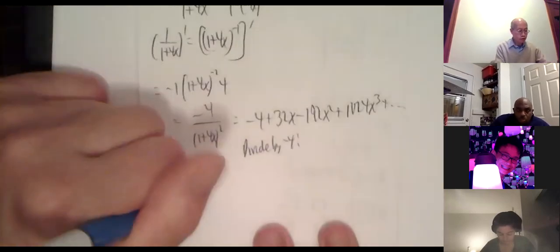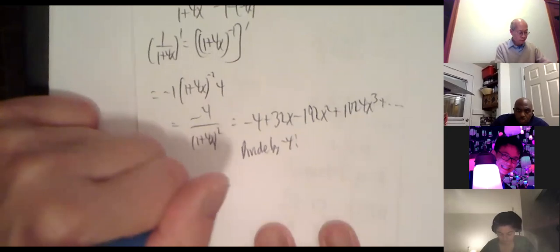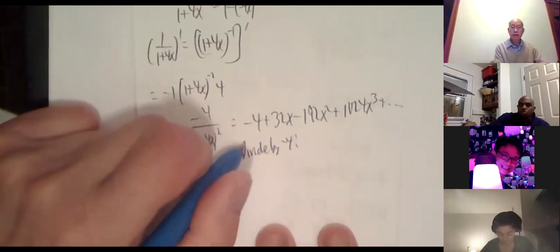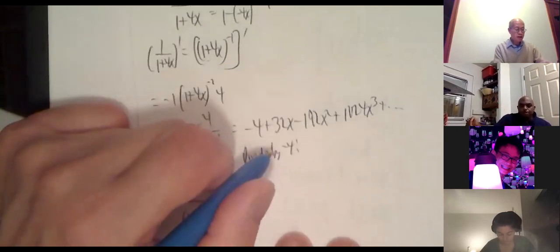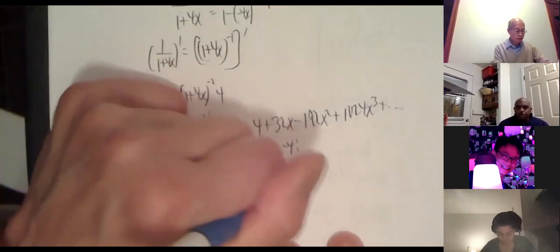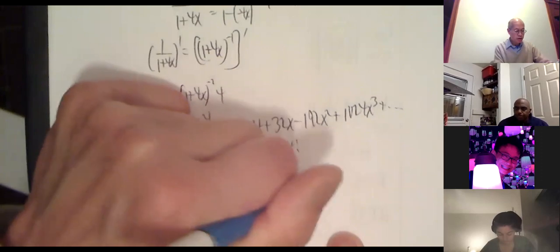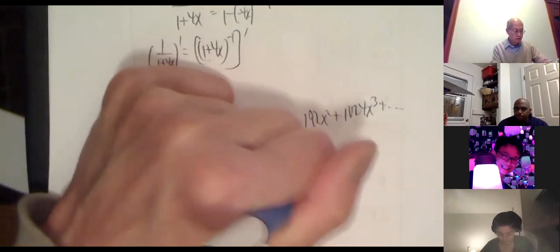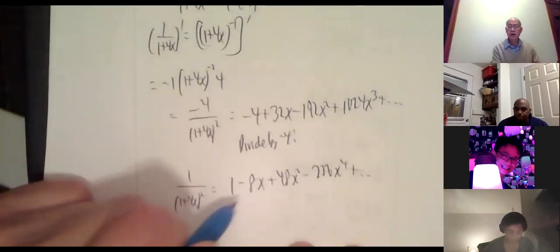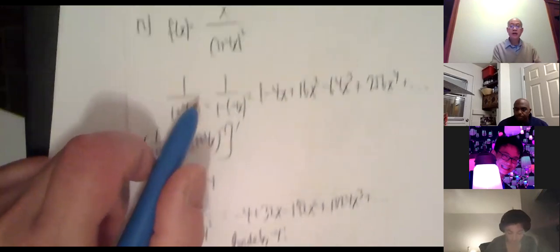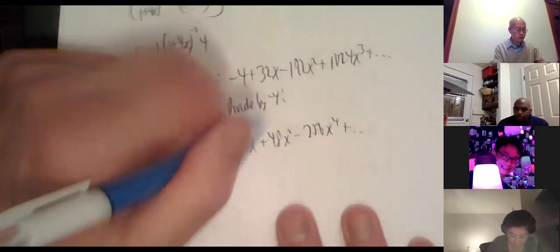So divide by negative 4: 1 over (1 plus 4x) squared equals positive 1 minus 8x plus 48x squared minus 256x cubed plus dot, dot, dot. Divide that by negative 4, negative 4, negative 4. Okay. And then just multiply by x and you have what you want.